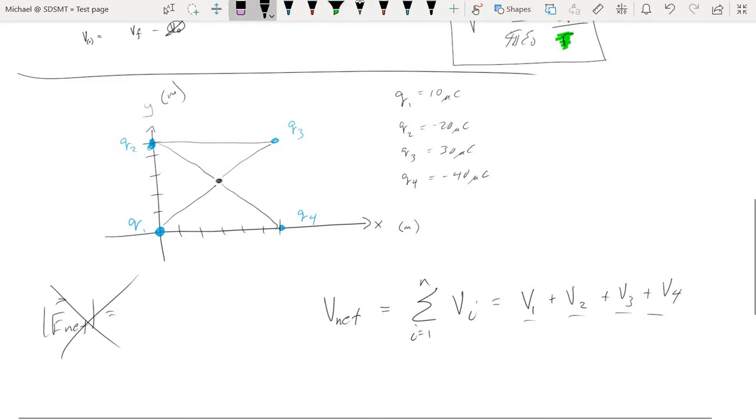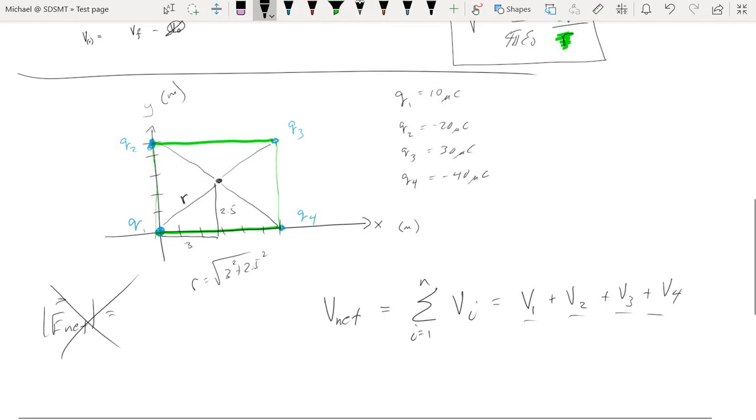We have a rectangle that is 6 by 5, and so each one of these R values would be, let's see, we've got 3 by 2.5, so R would be the root of those.